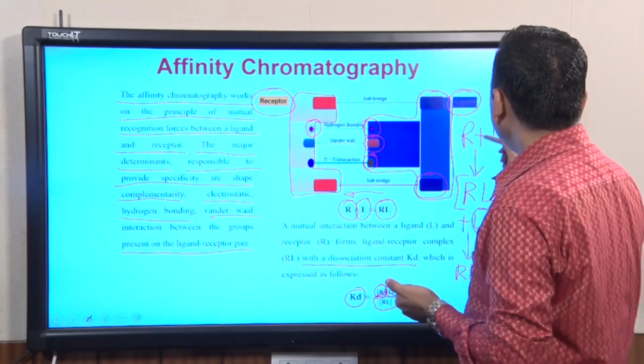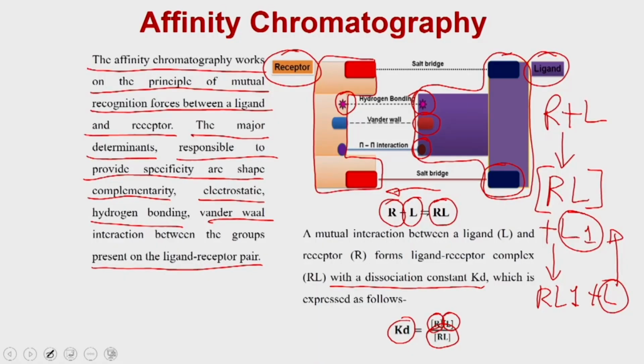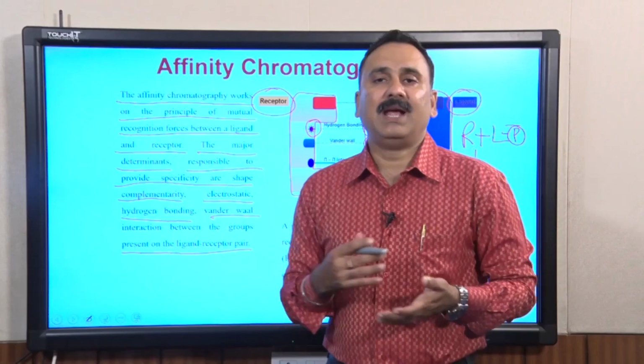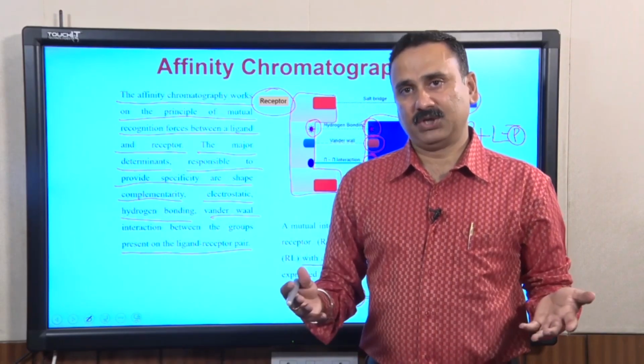So, a receptor makes an interaction with a ligand, and this ligand is associated with the protein, giving you a receptor-ligand-protein complex. Now, when you add a competitive ligand, it replaces the ligand-protein interaction and makes an interaction with the receptor as receptor-ligand 1. Your ligand-protein complex is released, and that can be collected in different fractions, and that is how you achieve the purification.